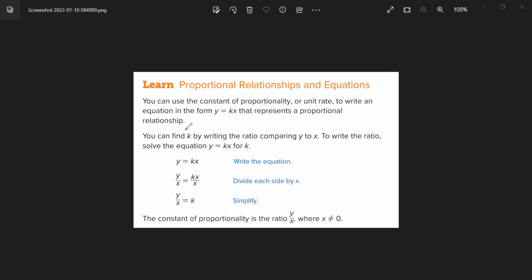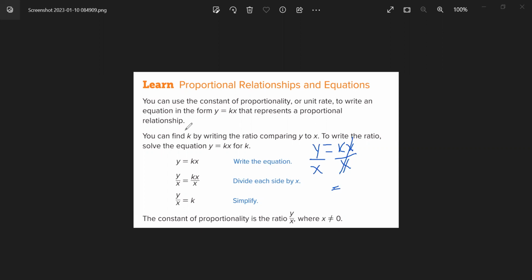So what we need to do is solve for k. We don't have any numbers, but we have letters. So right here, these two are multiplying, so we need to undo this operation by dividing. We're going to divide by x on both sides. Everything you do on one side of the equal sign needs to be done on the other one.